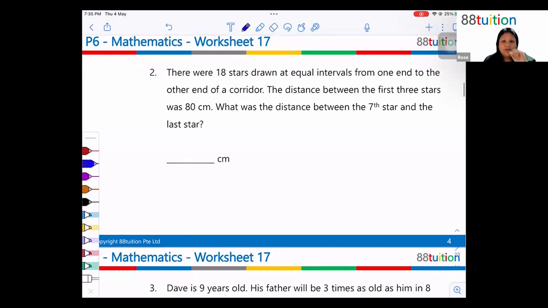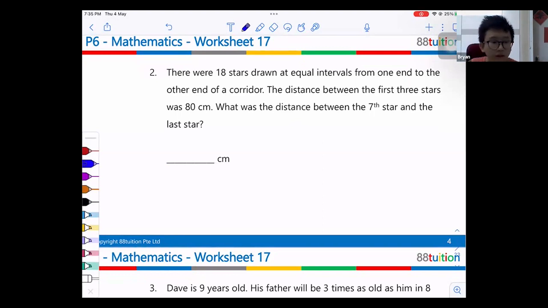Okay, take note. You hold your fingers like that, your hand with your 5 fingers. Everyone do this. How many fingers do you have? 5.